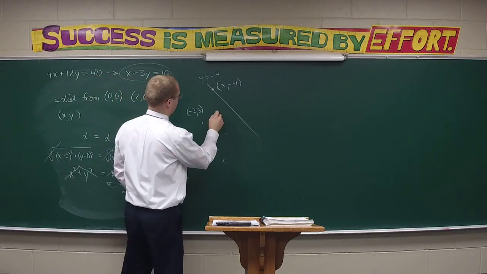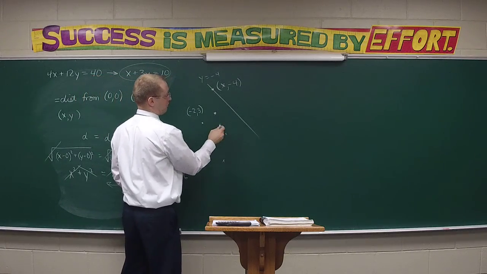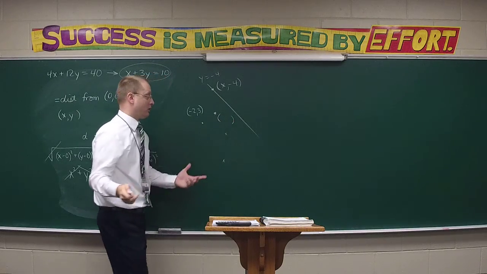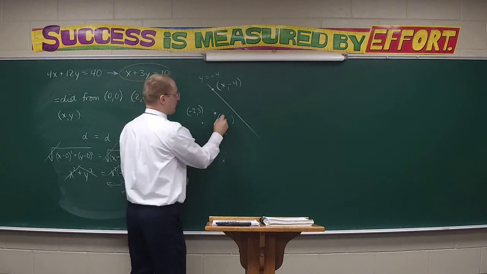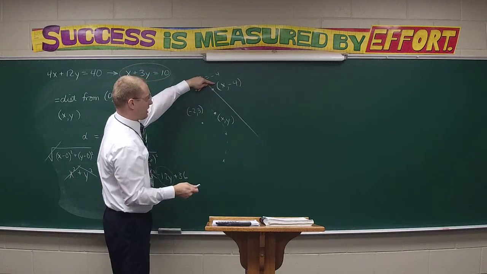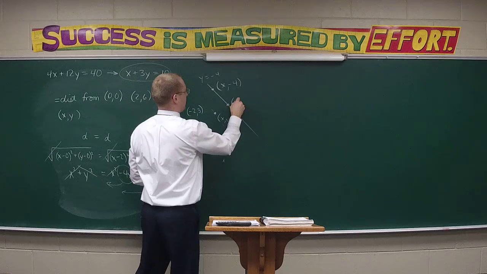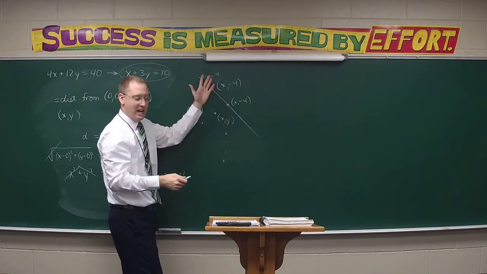What about the coordinates of this point? What are its coordinates? I don't know. But if it's in the locus, I would call it xy. Anybody would say, well, that's x, negative 4 up there. Well, this is also x, negative 4. I just don't know which x value, right? It's just any x value.